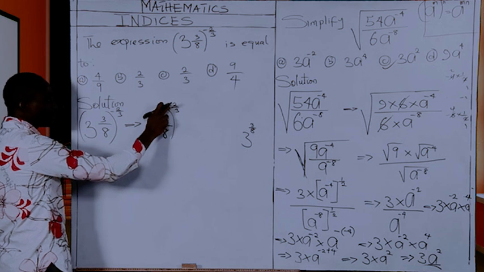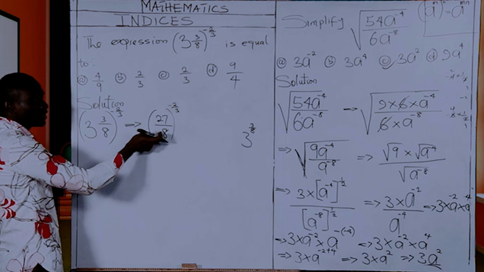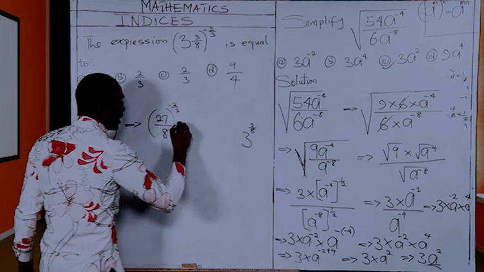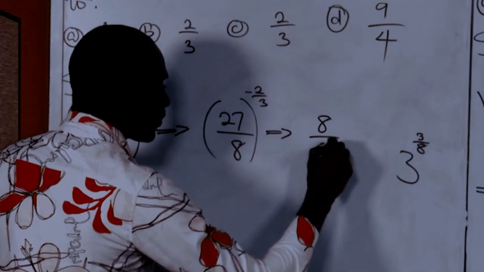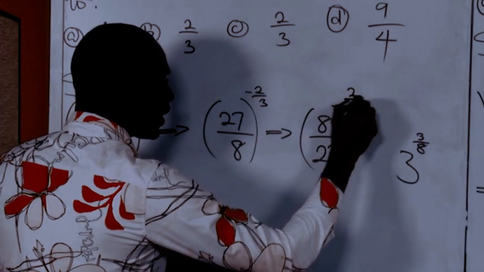If I want to remove this negative power, it's going to give me the reciprocal of what is inside this bracket. That means I'm going to have 8/27, all raised to the power of what? 2/3.